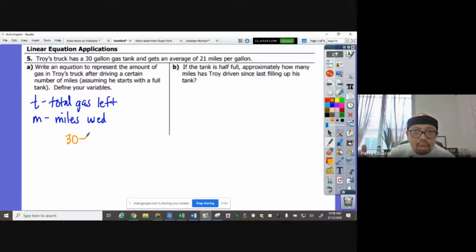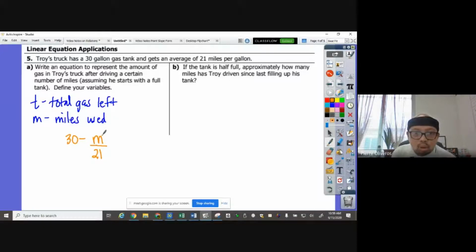But remember, Troy's truck averages 21 miles per gallon. Since you do not know how many miles he will travel, I'm going to put here M, the number of miles he will travel, divided by 21 miles. Why divide by 21? Because imagine if he drove the truck 42 miles.